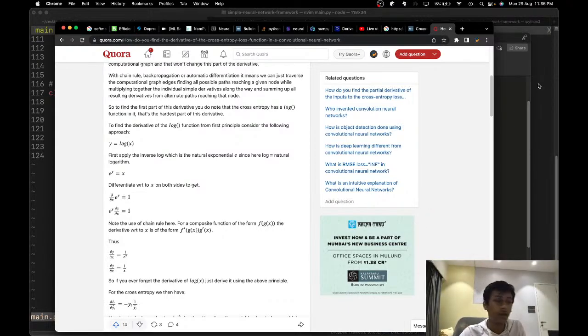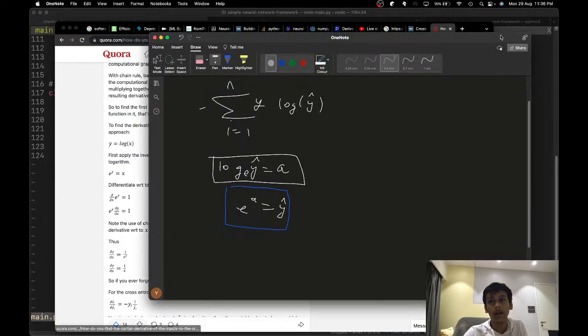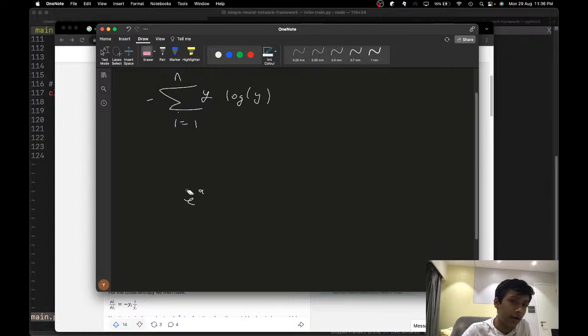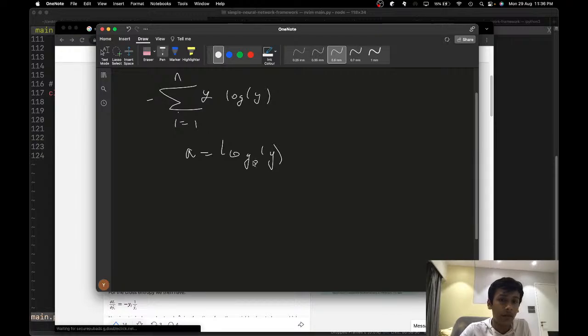So see, the issue that I'm facing is that we have two variables. We have y and we have y hat. If this was just y, then this wasn't a big issue, so let's try doing it with just y rather than y hat. Maybe that will make sense. If we set a as log y, actually no, let's not do log.